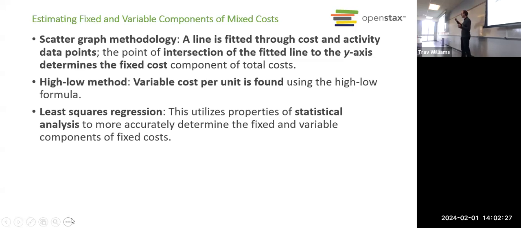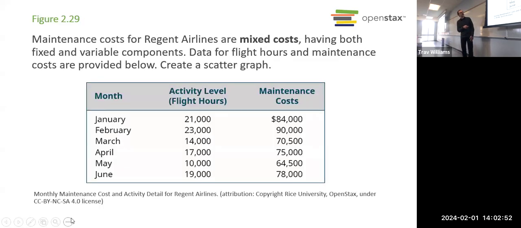But this could be used to estimate mixed costs at different levels of production. And then least squares regression is something you would do with a spreadsheet, because the math is pretty complicated on that, from what I understand. It has to do the statistical analysis, and you could also use that. That would be the most accurate way to estimate mixed costs at different levels of production. But we're going to focus on the high-low method.